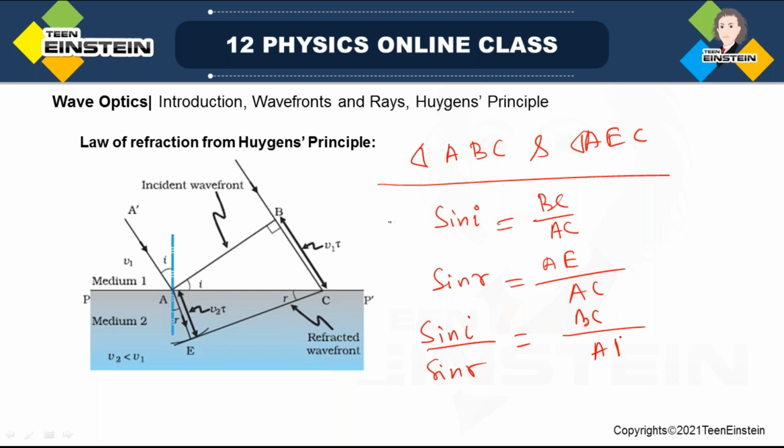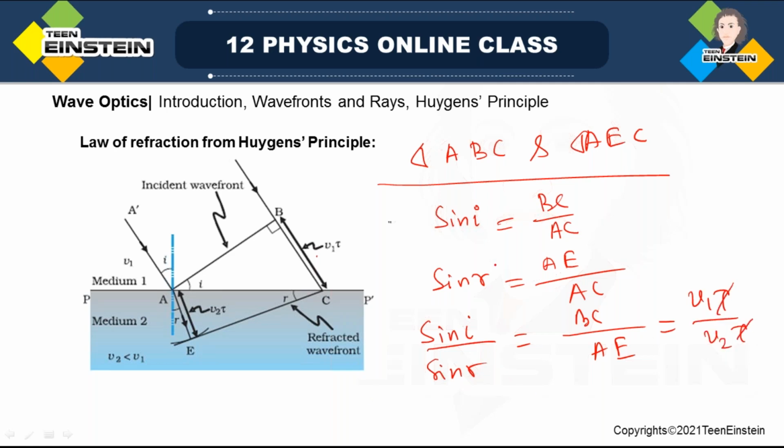BC by AE. Now look, BC means this distance, which is v1 tau, and AE means v2 tau.